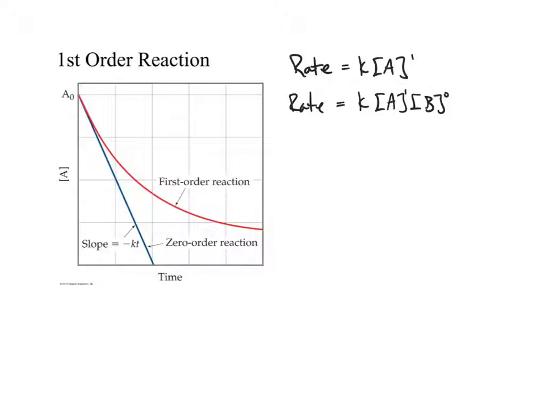And the slope line, which is tangent to the graph, represents the rate, as we talked about in a previous video lesson. Now, if I wanted to, I could draw in even the second order graph on top of the first and zero order, and what you would see is an immediate decline and an immediate level off. And so the second order would basically reach a flat line much sooner than the first order because you're reacting everything very quickly.